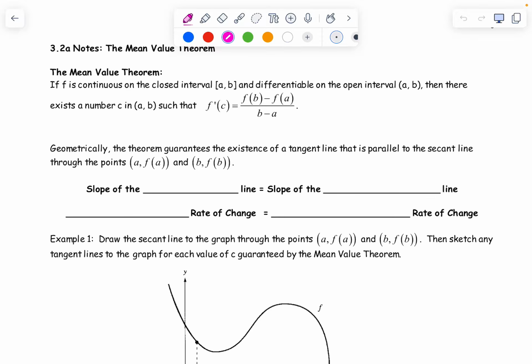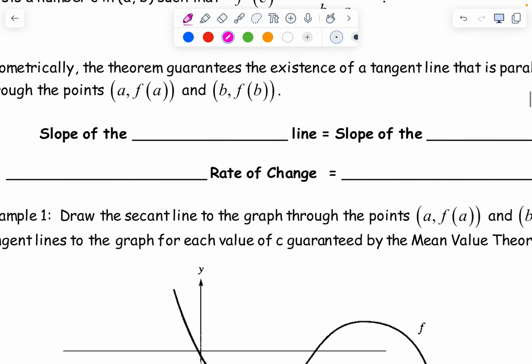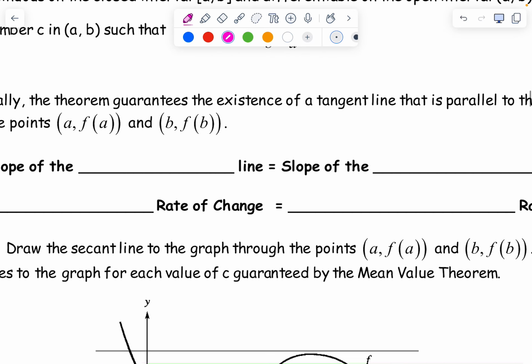All right. I want you to put a big star next to our bolded, underlined statement. Very important. It says the slope of the blank line is equal to the slope of the other line. We said the tangent line is equivalent to what line? Secant. The tangent line is equivalent to the secant line.